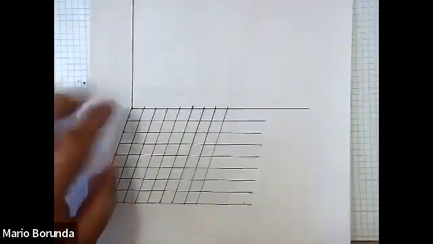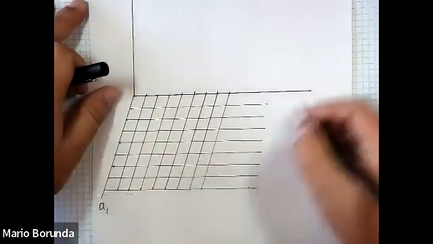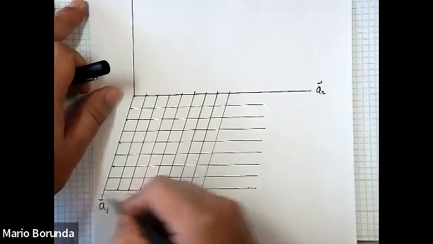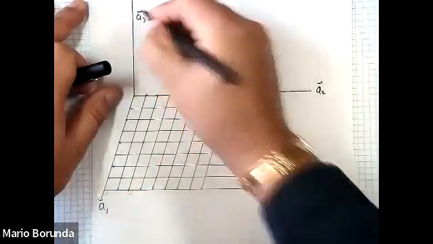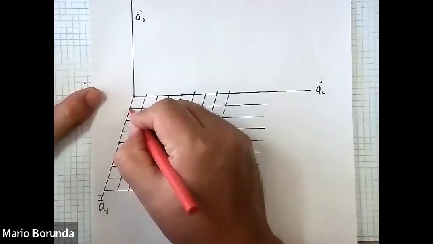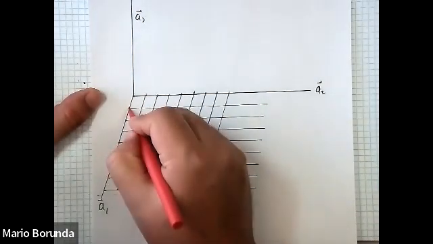So the easiest to do would be one where we have a1 right here, a2, and a3, right? And in this case, we're going to make it so that it crosses at one, and then it just keeps going.